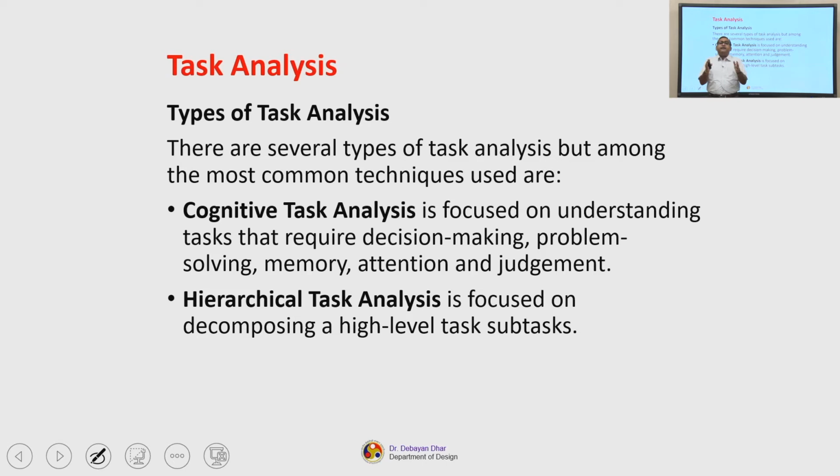Cognitive task analysis is focused on understanding tasks that require decision making. So, from the word cognition you can relate that the focus would be on decision making, problem solving, memory, attention and judgment. So, the focus is on mental processes.